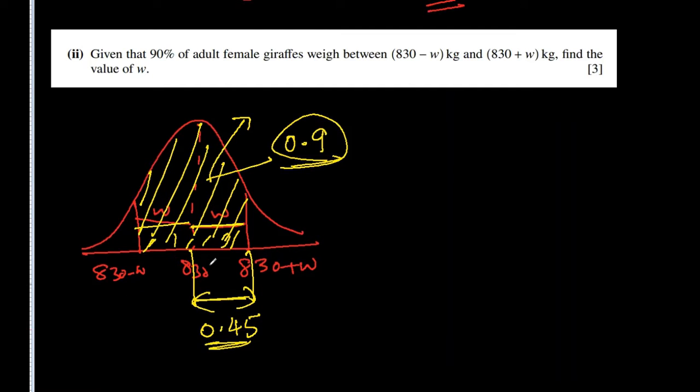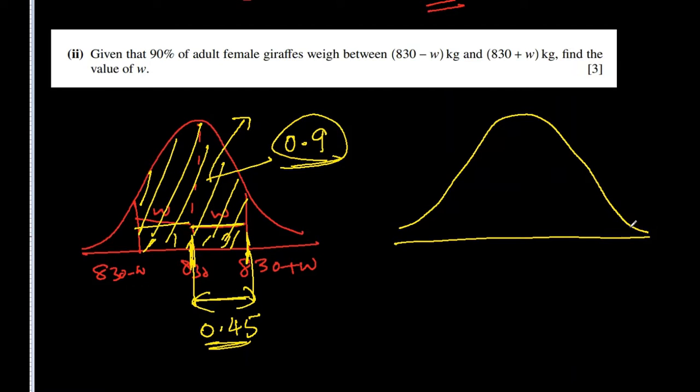This will be the probability from the mean 830 to 830 plus W. Let me redraw the new situation which we have just discussed. This is 830. This is 830 plus W.